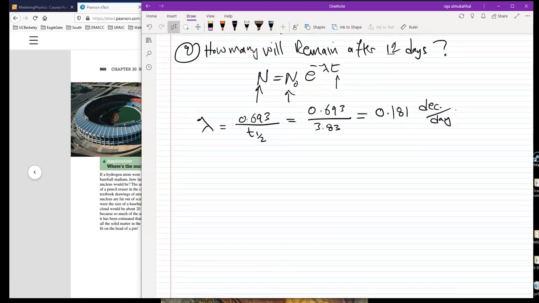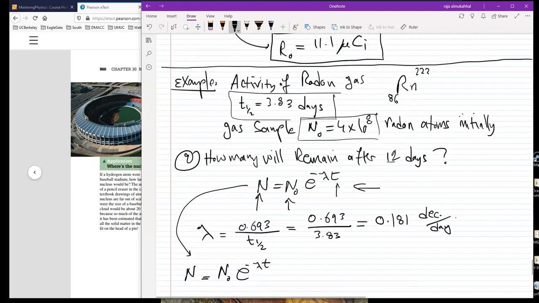Now I got the lambda, and I go back to the formula N equals N naught e to the minus lambda t. N naught is given to me, 4e8.